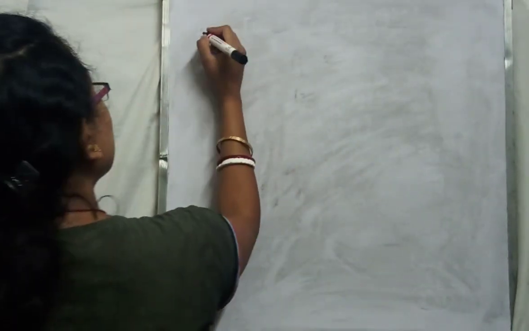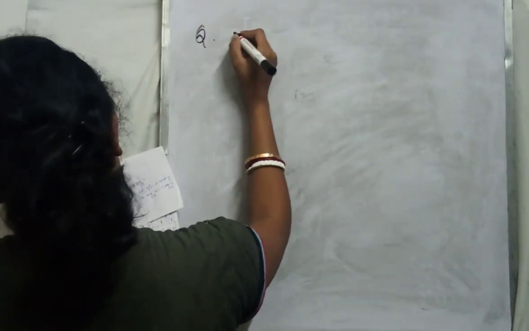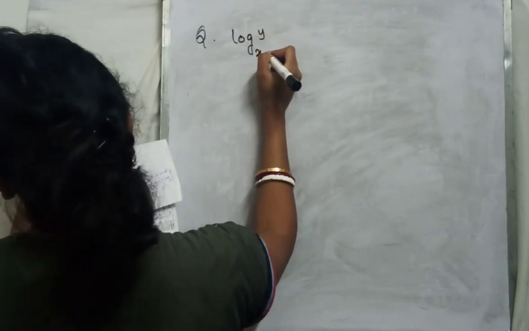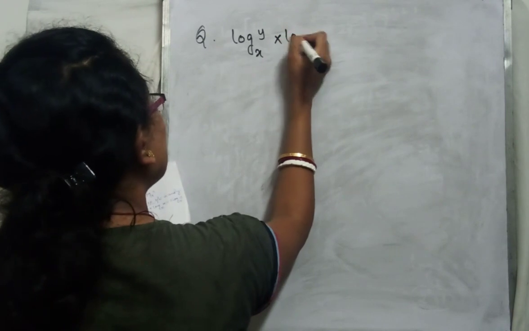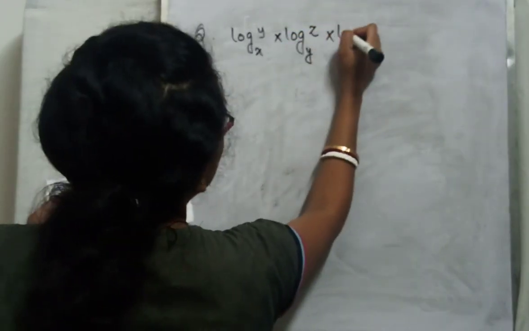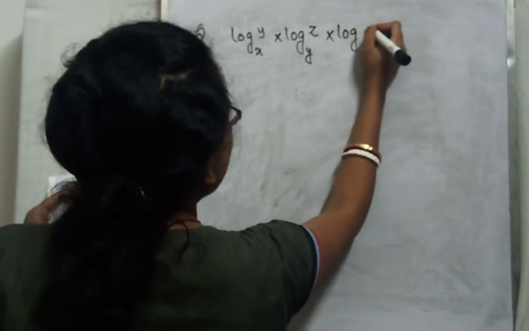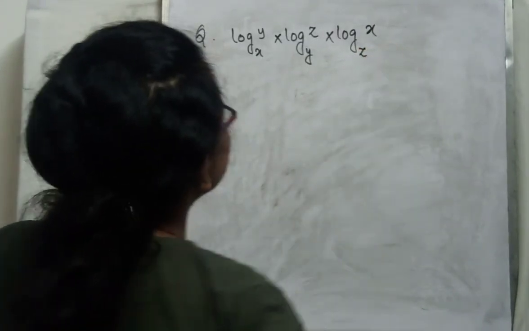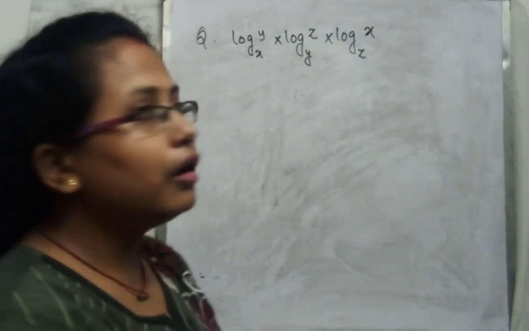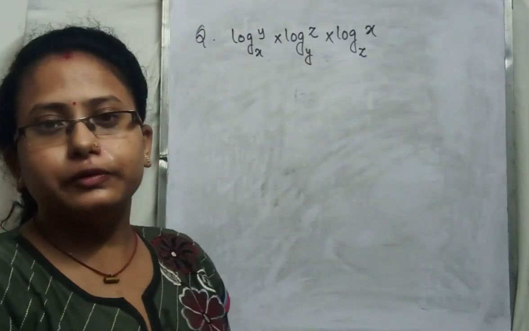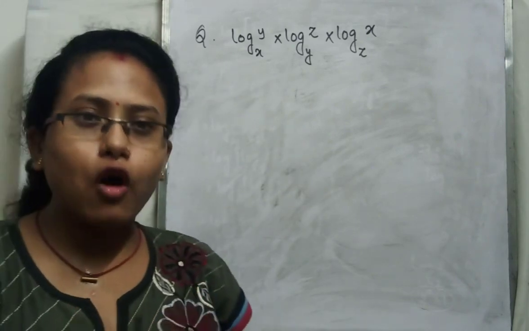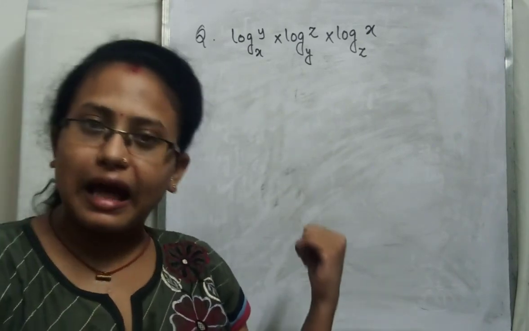The different type of evaluation math is log y base x into log z base y into log x base z. So here you also have to find out its value. What formula should you apply here?